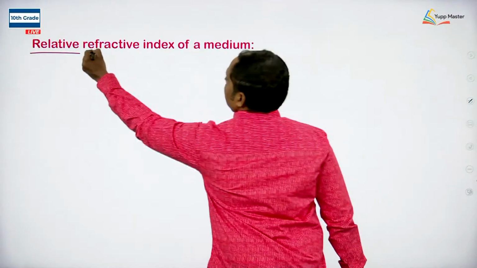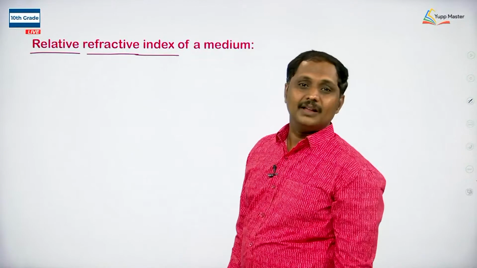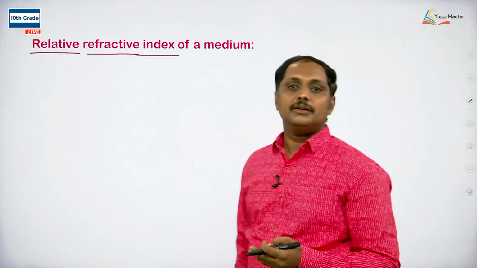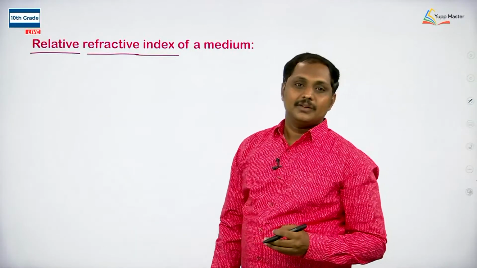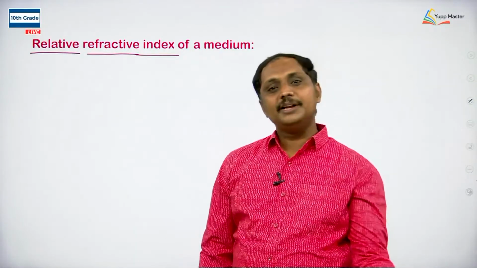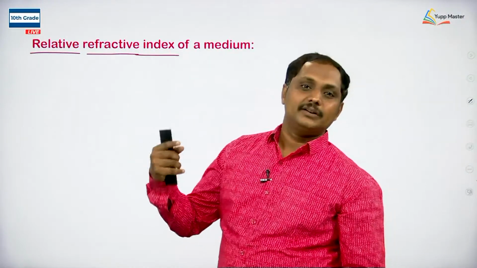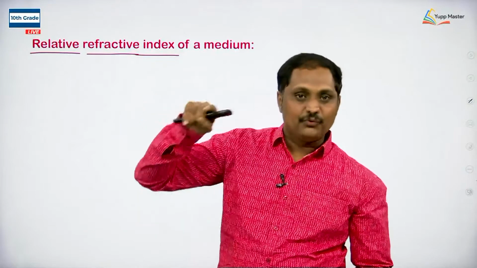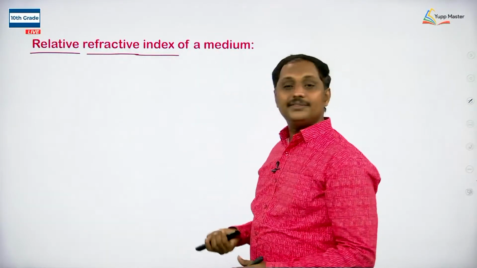So in the refractive index phenomenon, the refractive index of one medium is identified with respect to another medium. So whenever light enters from one medium to another medium, the refractive index of the second medium with respect to the first medium is known as relative refractive index.